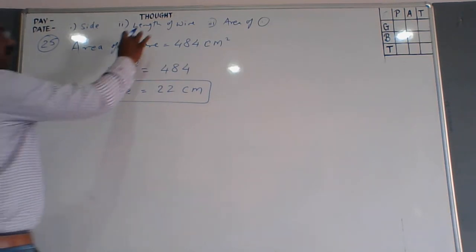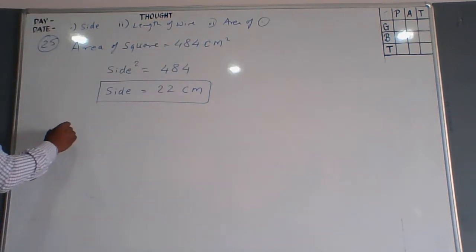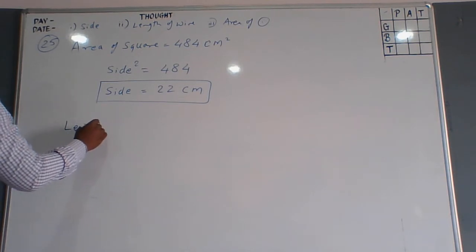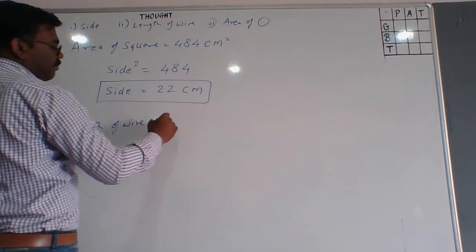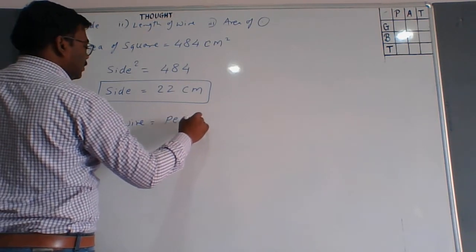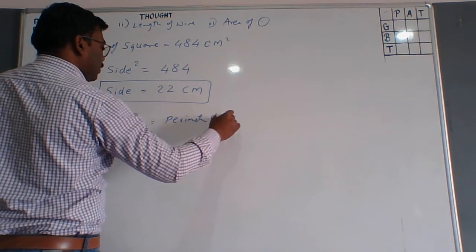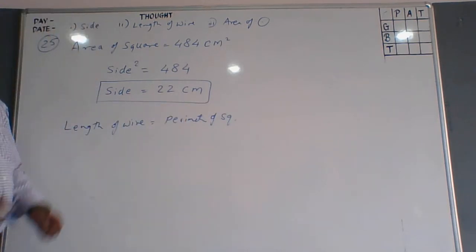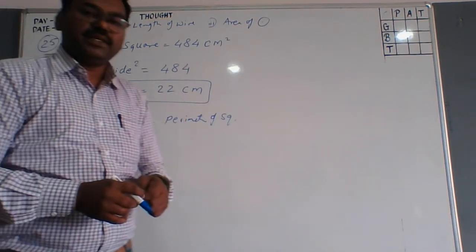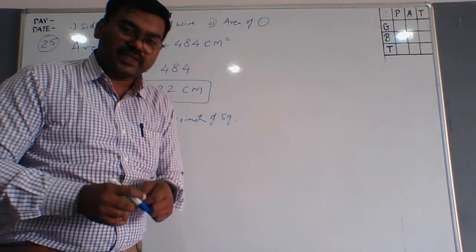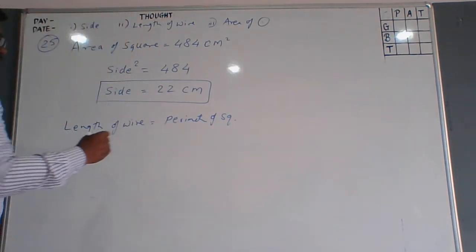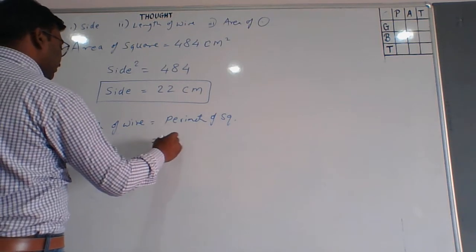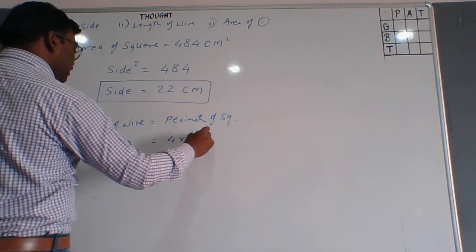Now we want to find out the length of the wire. Length of the wire means perimeter of square, because with this wire the square is completed. So whatever the perimeter of the square is, the same will be the length of wire. So we can say it is 4 multiplied by side.